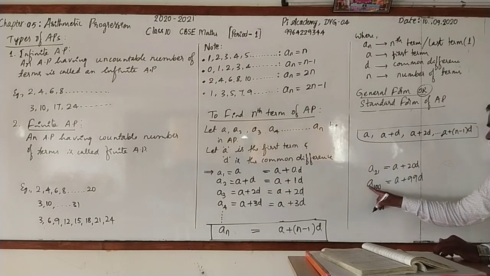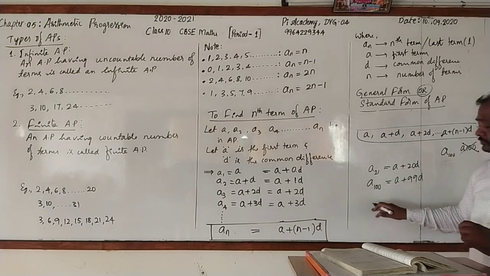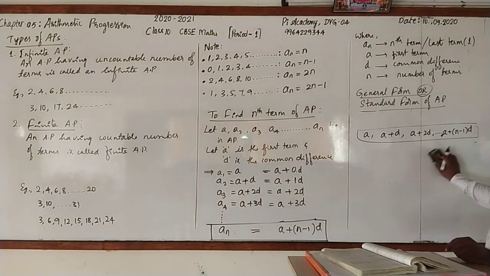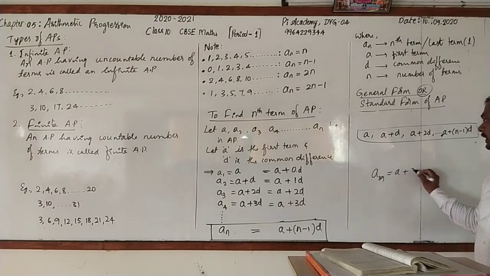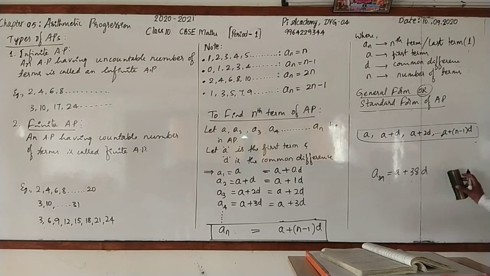It's very important to write A100 correctly like this, not in this way. This is wrong. Similarly, if it is the 39th term, how do you write it? A39 is equal to A plus 38D. Hope that you have understood.